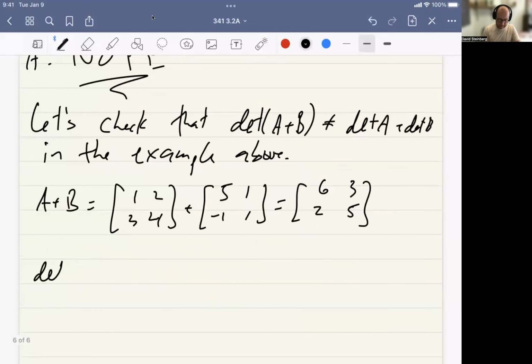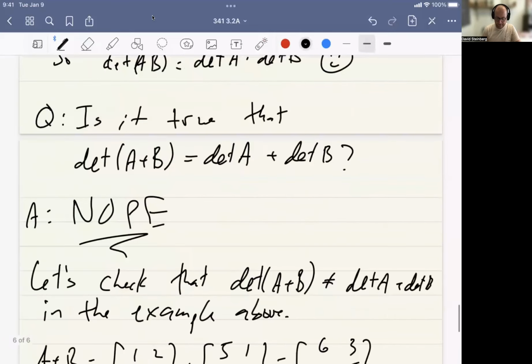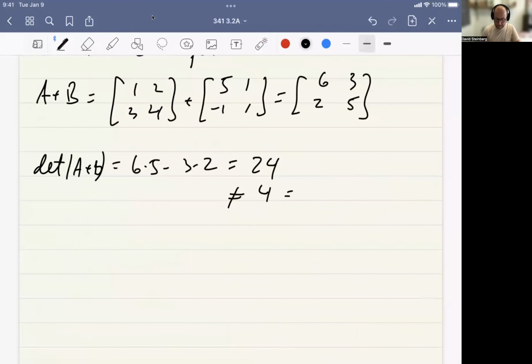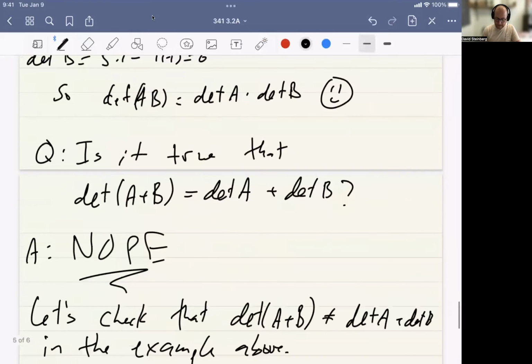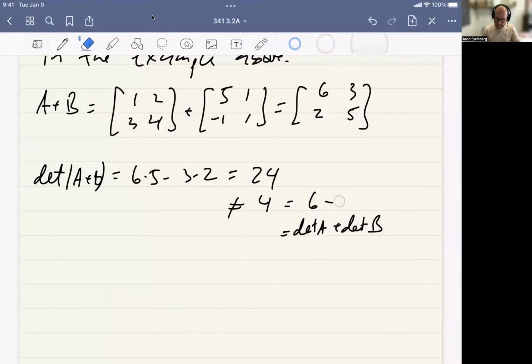So its determinant is just 6 times 5 minus 3 times 2, which is 30 minus 6 is 24. But this is not equal to 4, which is the determinant of A plus the determinant of B, minus 2 plus 6. Okay, 4 isn't equal to 24.